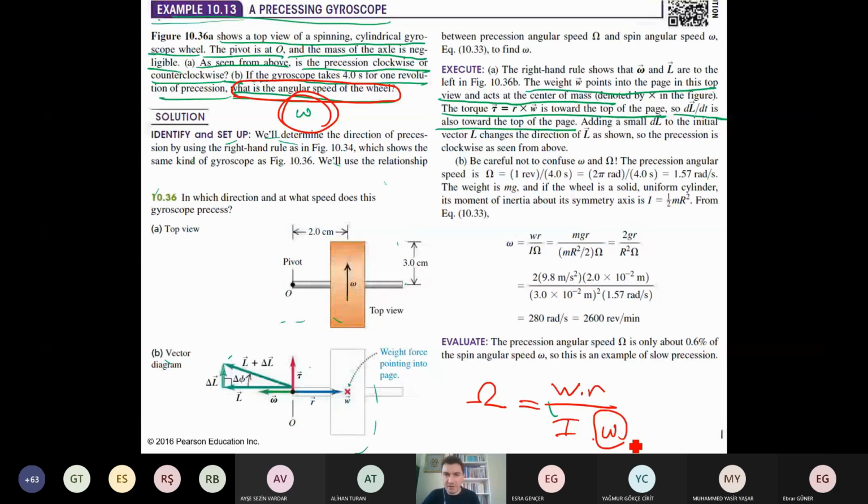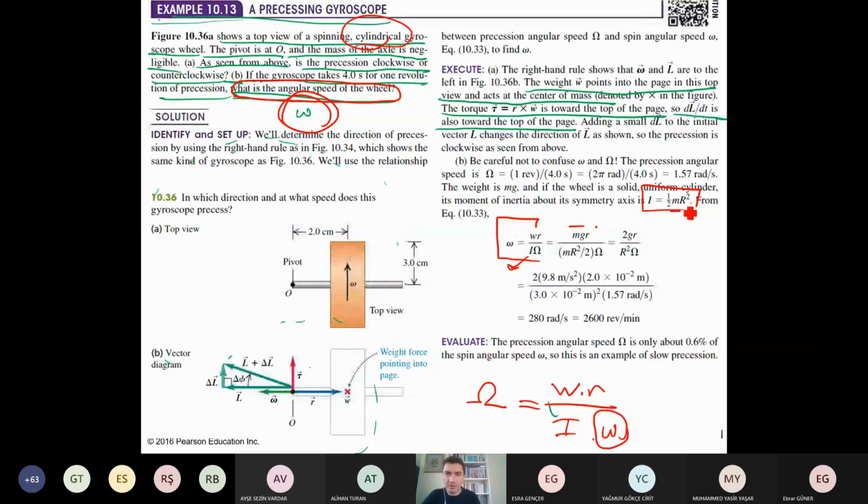Weight is given, R is known, and what about the I? For the moment of inertia for the cylindrical shape, you can use this expression. R is given, M is given, and here we have omega.